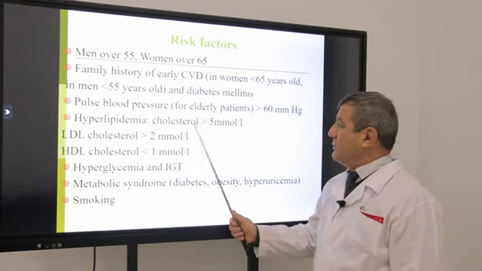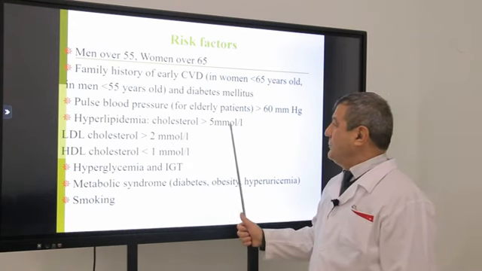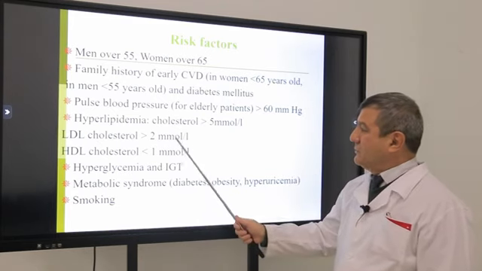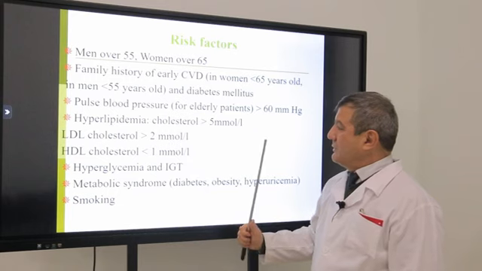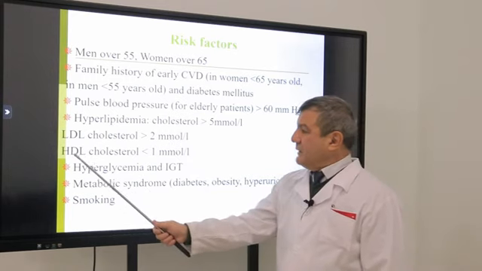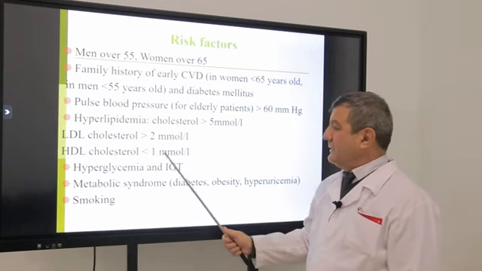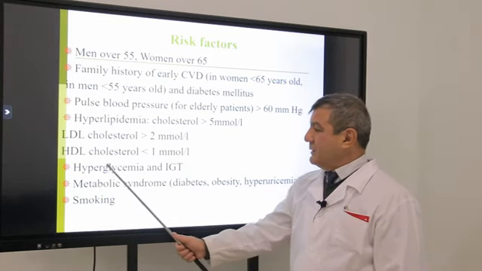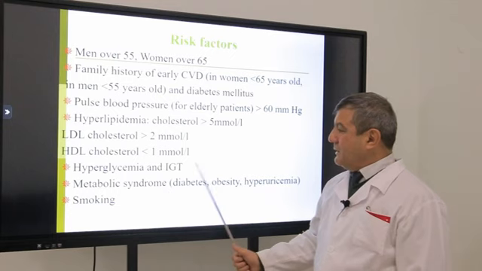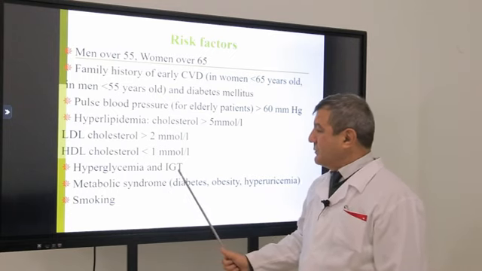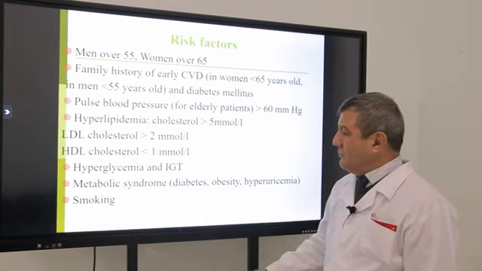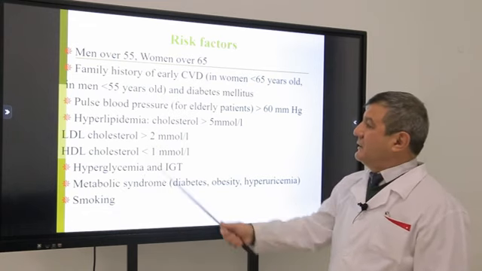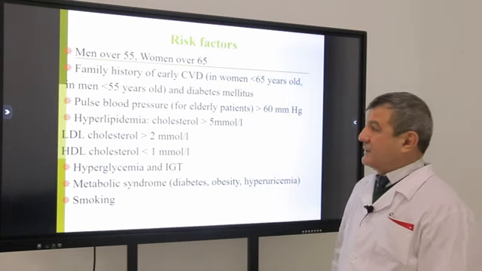Hyperlipidemia, cholesterol more than 5 mmol. Low density cholesterol more than 2 mmol. High density cholesterol less than 1 mmol. Hyperglycemia and impaired glucose tolerance. Metabolic syndrome and smoking. They are risk factors.